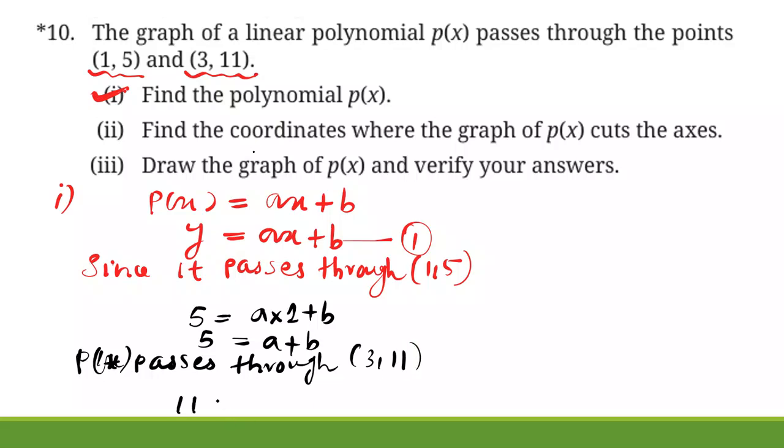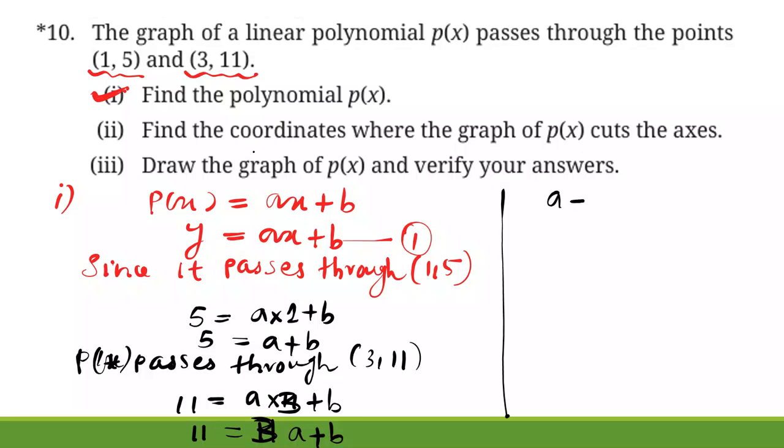So 11 is equal to a into 3 plus b, that is 11 is equal to 3a plus b. So we got two equations: the first one is 5 is equal to a plus b, and the next one is 3a plus b is equal to 11. Let us rewrite these equations and solve them so that we get a and b.